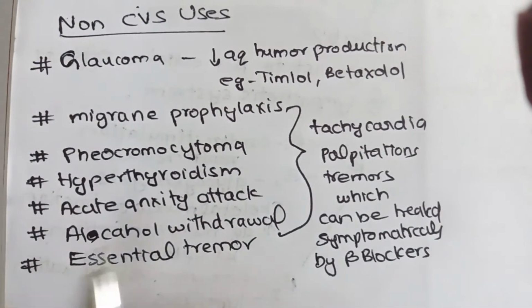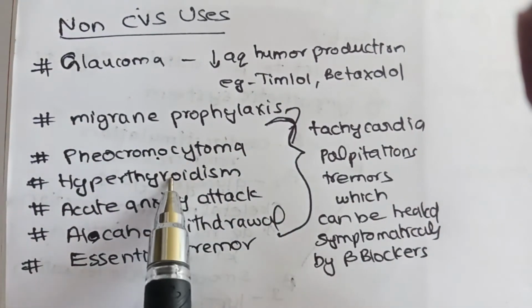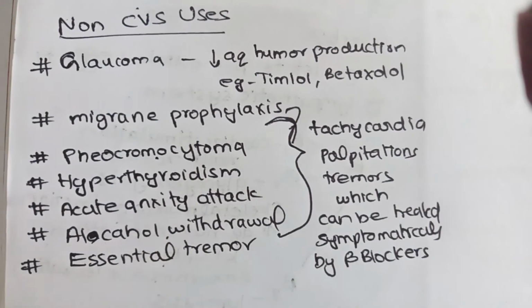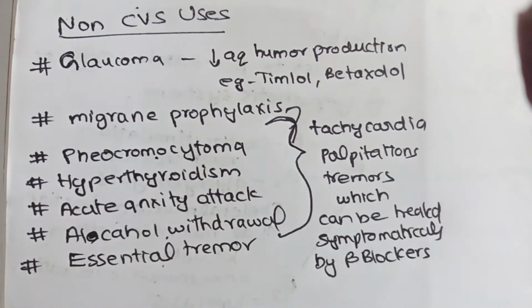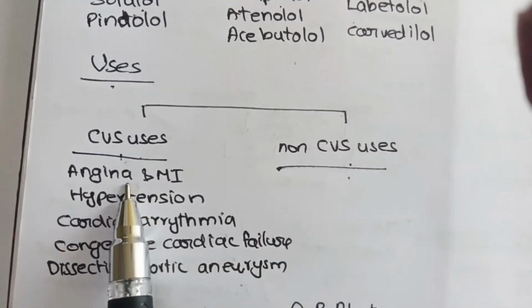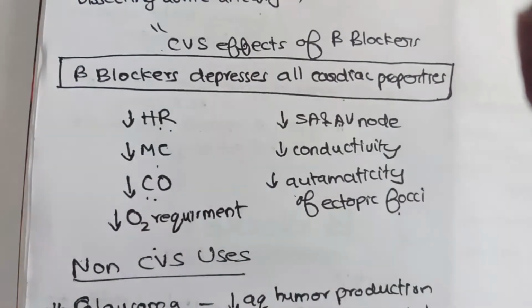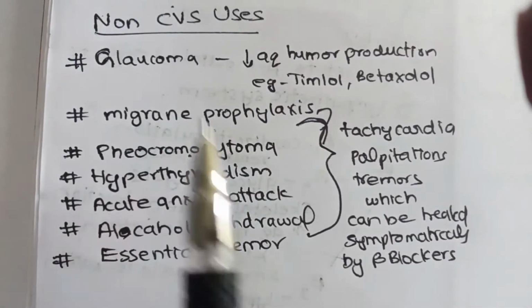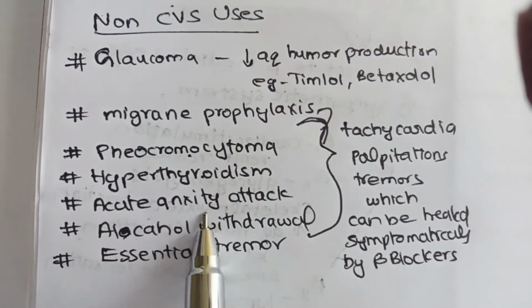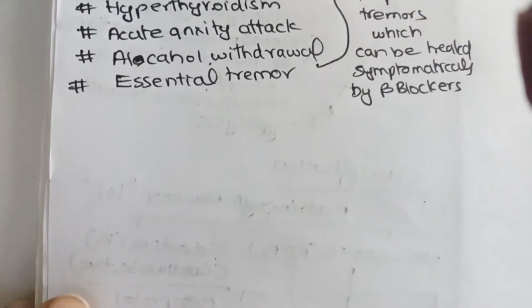So once again, non-serious uses: glaucoma, migraine prophylaxis, pheochromocytoma, hyperthyroidism, anxiety, alcohol withdrawal, and essential tremor. So do a quick reminder of the uses, the serious and non-serious uses, and that the beta blockers depress the serious properties and all the other non-serious uses.